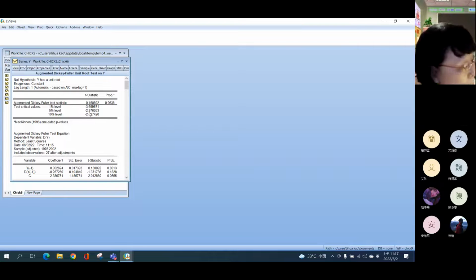Also, with or without lags will change the number of sample size used in this test. Therefore, the critical value changed. Do I make it clear to everybody? Yes. Okay.